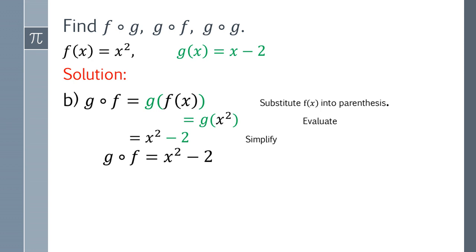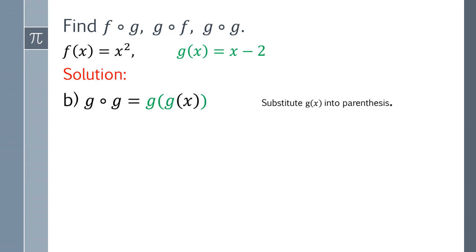So let's do g composed of g, g composed of itself, right? This is the notation or the syntax that we use to evaluate this. So for function g, we're going to put in function g. So let's go ahead and replace what function g of x is inside. We have x minus 2. So now we're going to evaluate. Everywhere I see x for function g, I'm going to plug in this x minus 2.